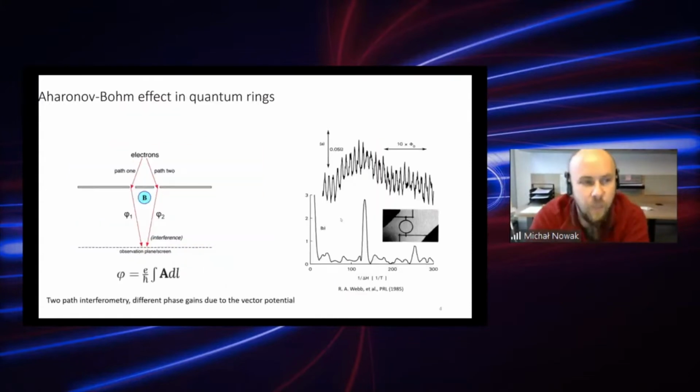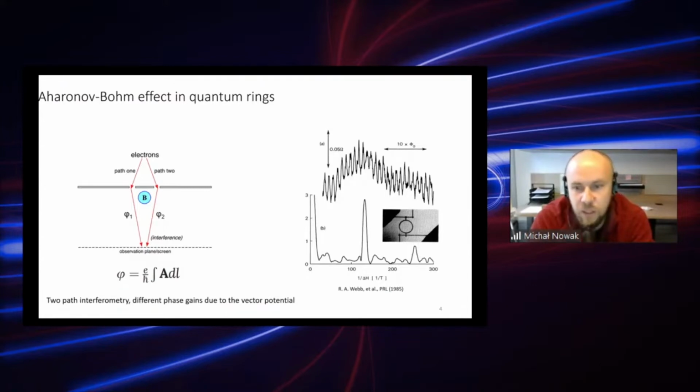And I want to speak about the Aharonov-Bohm effect in quantum interferometers. We all know how the Aharonov-Bohm effect works. An electron beam, or just one electron wave function, is split into two paths, and in an external perpendicular magnetic field, the integrated vector potential along these two paths gives us two different phase shifts, and when the beams meet, depending on the phase difference, we will observe destructive or constructive interference.